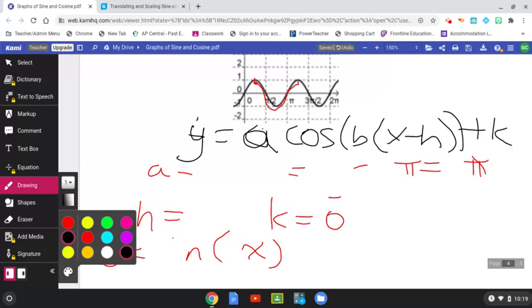A lot of the things basically are staying the same. Like in this case, a is still equal to 1, k is still equal to 0.